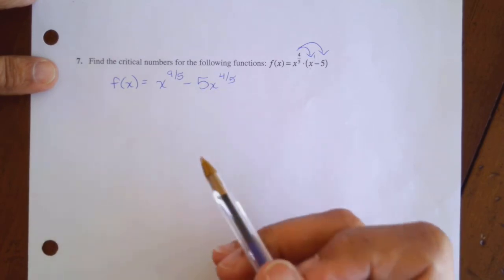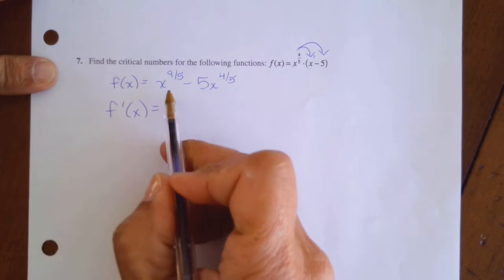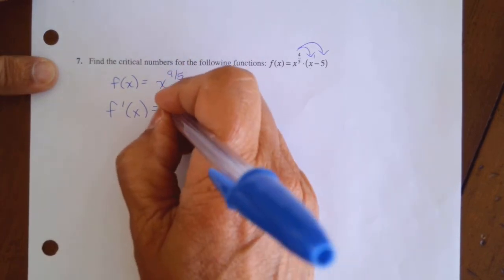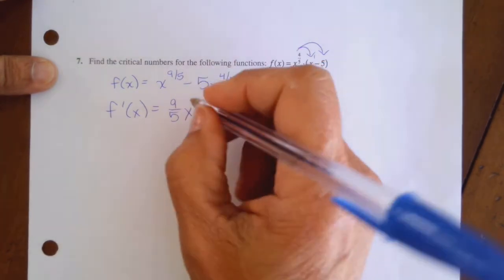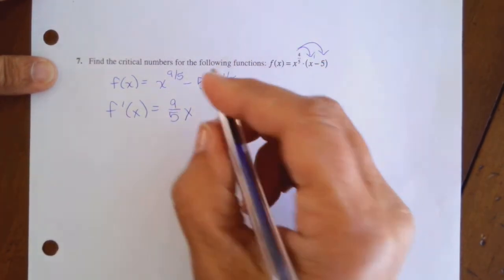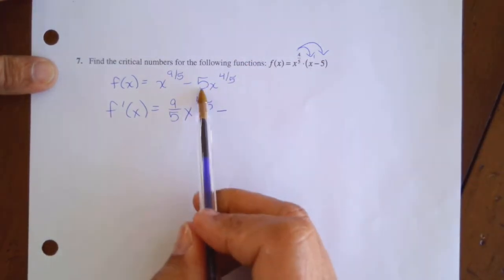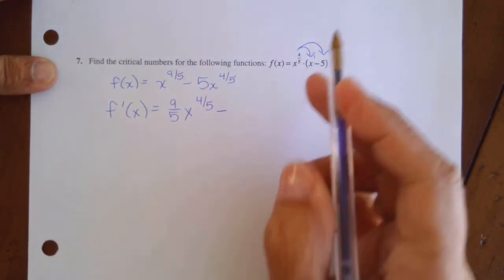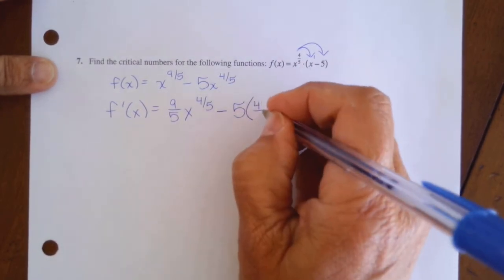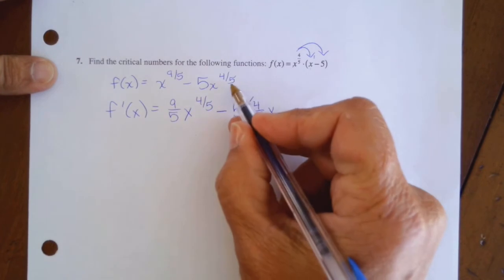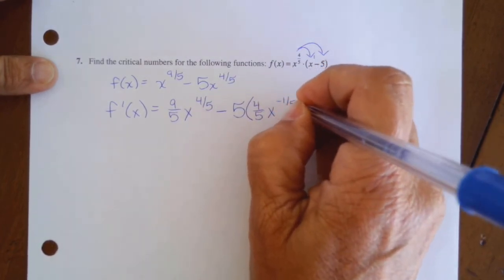Now I can just do the derivatives of the individual functions. The derivative of x to the 9/5 is 9/5 x to the, subtract 1 from that, 1 would be 5/5, so 9/5 minus 5/5 is 4/5. Minus 5 is going to stay out front, and then the derivative of x to the 4/5 is 4/5 x to the, subtract 1 from that, 4/5 minus 5/5, negative 1/5.